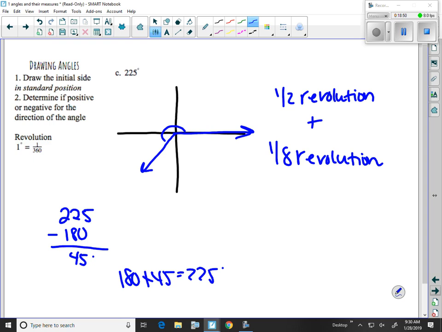You have to figure out how they relate to the ones that we know. So the 180 was 1/2, the 45 was 1/8. Now, last question, do we move counterclockwise or clockwise? Counterclockwise. Remember, it's kind of opposite of what you think until you get used to it. It'll become second nature. But we moved to the left, so that was counterclockwise.